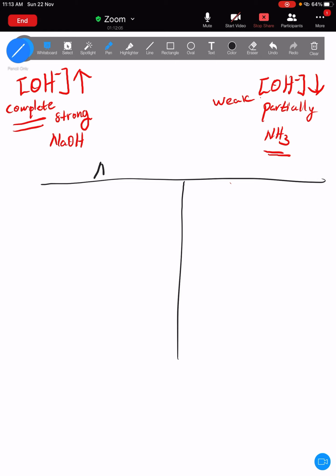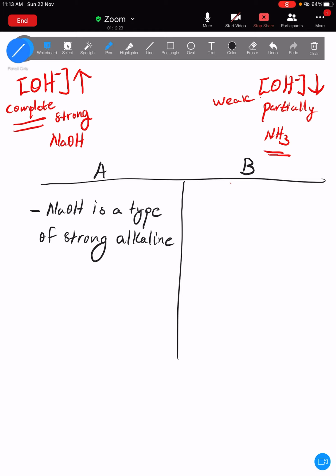So you have beaker A and beaker B. So what can I say? NaOH is a type of strong alkaline. It undergoes complete ionization.